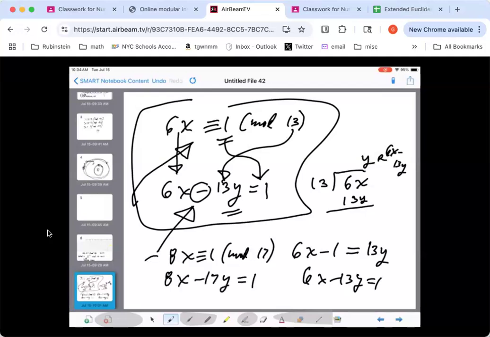I do want you to be able to convert from one form to the other. And you might be confused, like, why am I doing that? It's because when something's remainder 1, it means that it's 1 bigger than a multiple of it, which means if I subtract the multiple of it from it, I'll get the number 1.